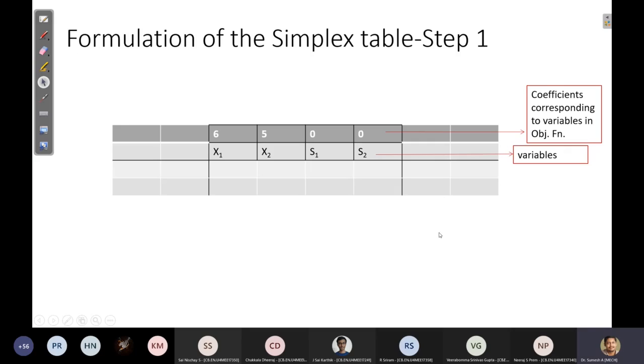Now I am formulating the simplex table. First, the corresponding objective function values I have written. The decision variables in the problem, x1, x2, s1, s2, are entered. These are the variables, and these are the coefficients corresponding to the variables in the objective function.